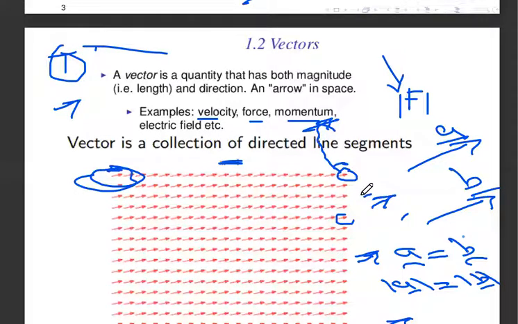That means you can shift this vector to anywhere you want in this plane. You can generate infinitely many vectors, but everyone has the same length and direction. That's the property that collection has.